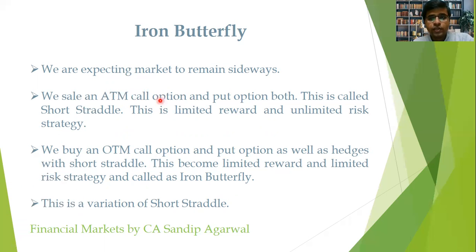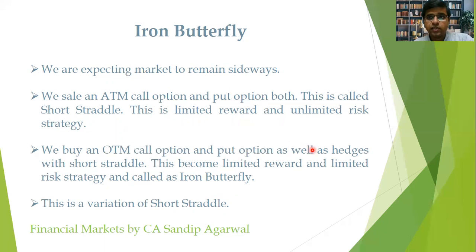In the short straddle, the person was basically selling an ATM call and put option. This was called a short straddle. This was a limited reward and unlimited risk strategy. Now the person wants to hedge this unlimited risk. So what this person does is buy an OTM call option in order to cover the short side of the ATM call option, and the person also buys an OTM put option, which is basically to cover the short side of the ATM put option.